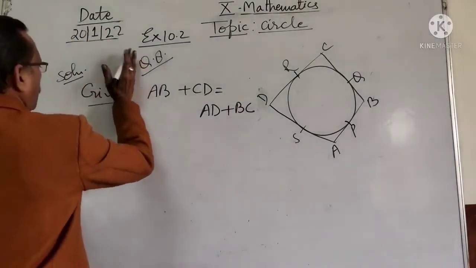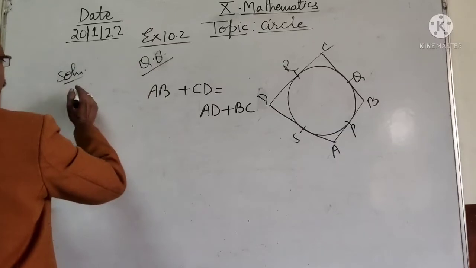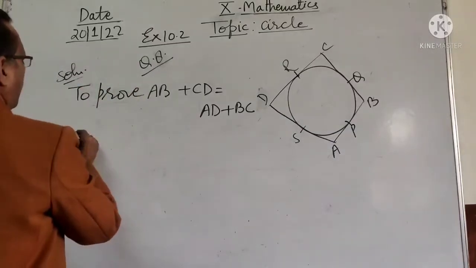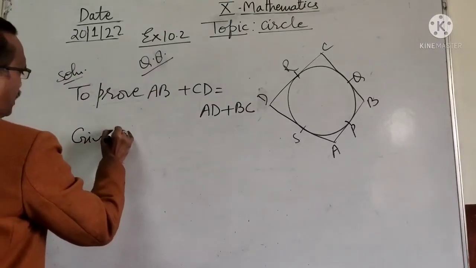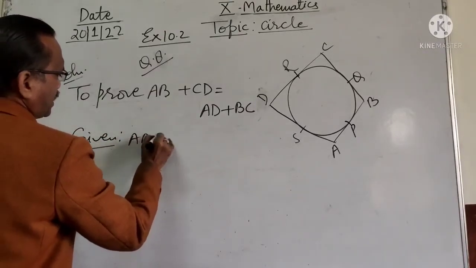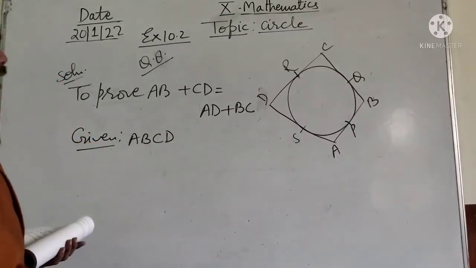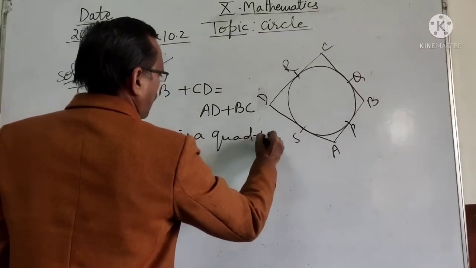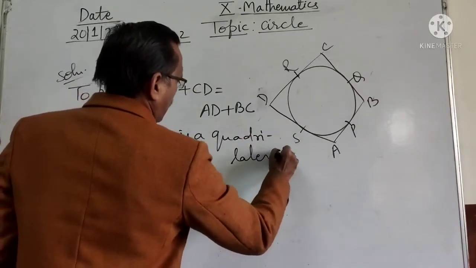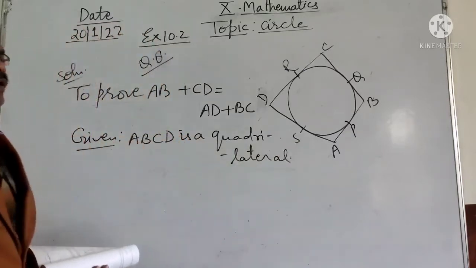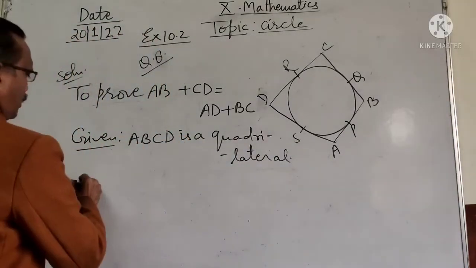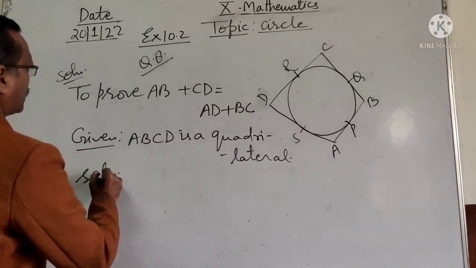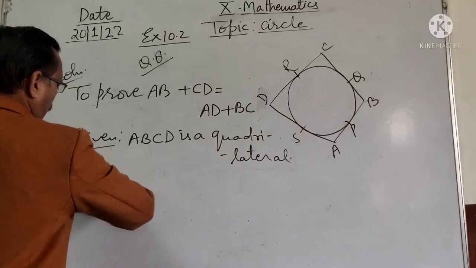This we have to prove. Given ABCD is a quadrilateral. Now see the solution. So it is a proof.